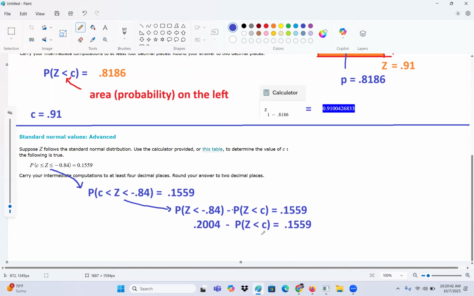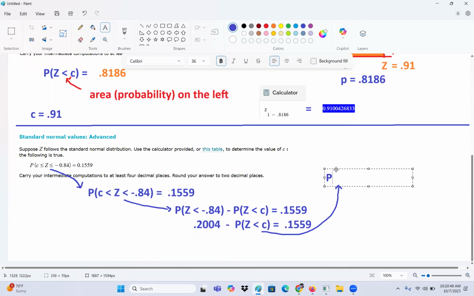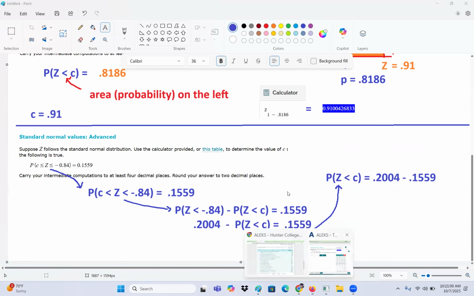So I can solve for the P of Z less than C equal to 0.2004 minus 0.1559. So we subtract that.